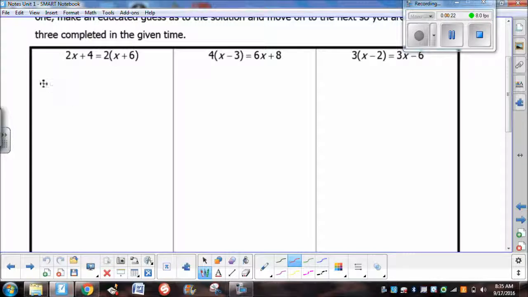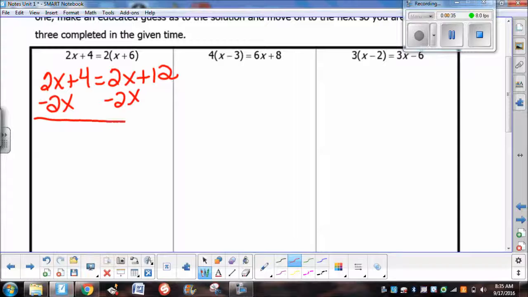Looking at that first one, you know to look for the distributive property first. So that becomes 2x plus 12. And then I may choose to subtract 2x from both sides to gather my x's on one side and then move my numbers to the right. But then all of a sudden, I end up with 4 equals 12.